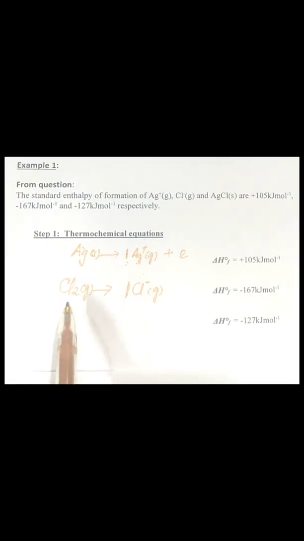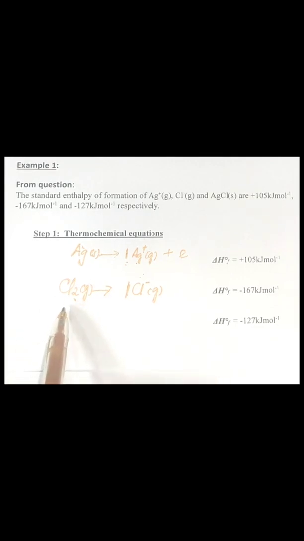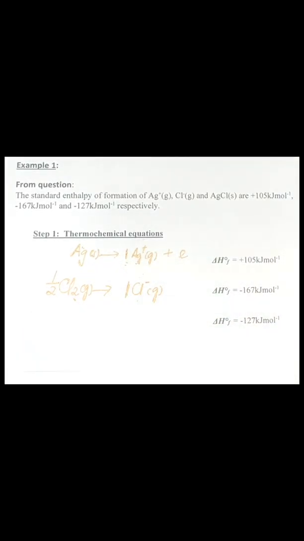Always remember we put 2 here. This is because halogens are diatomic. So after this, we have to check whether the thermochemical equation balance or not. So 1 chlorine here, but we have 2 here. So how to balance up? We need to put 1 over 2 here.